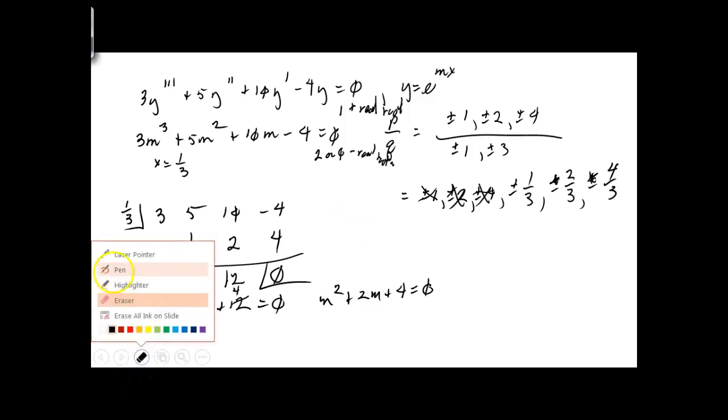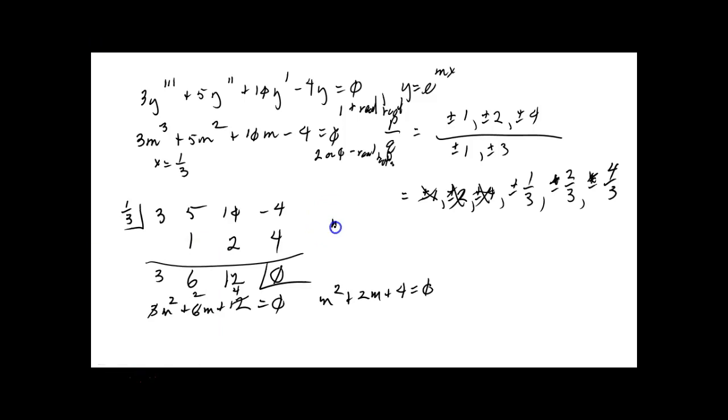All right, so the quadratic formula tells you that M is equal to -2 plus or minus the square root of 4 minus 8 over 2.